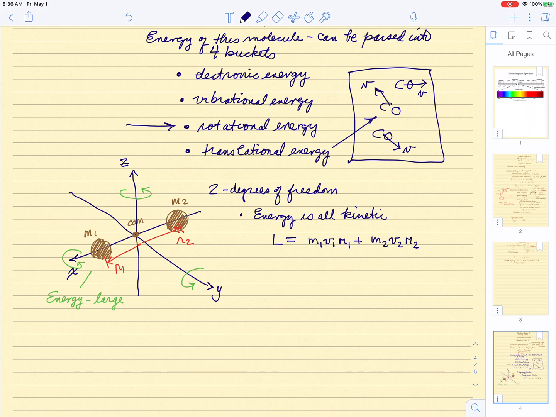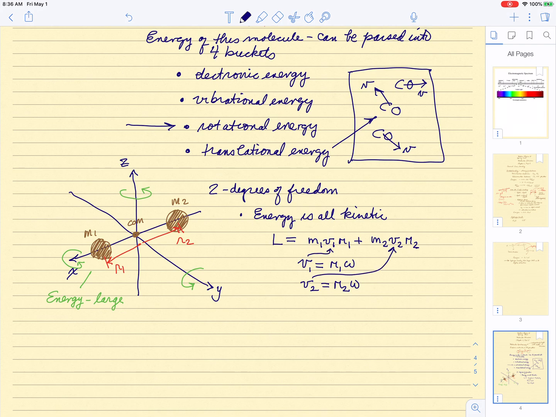Now keep in mind that from rotational kinematics, v1 is equal to r1 omega, and v2 is equal to r2 omega, and so we can plug those in.